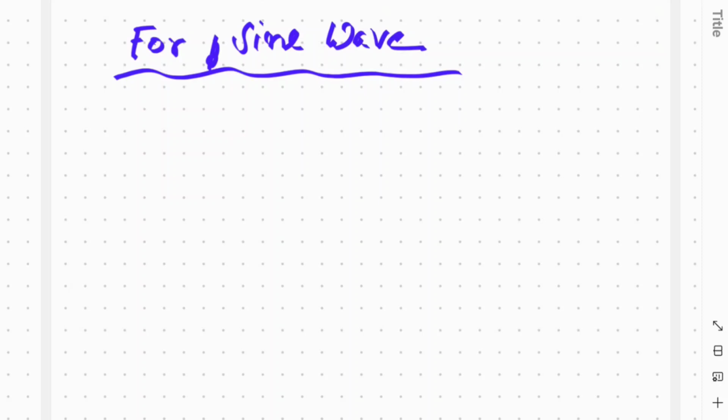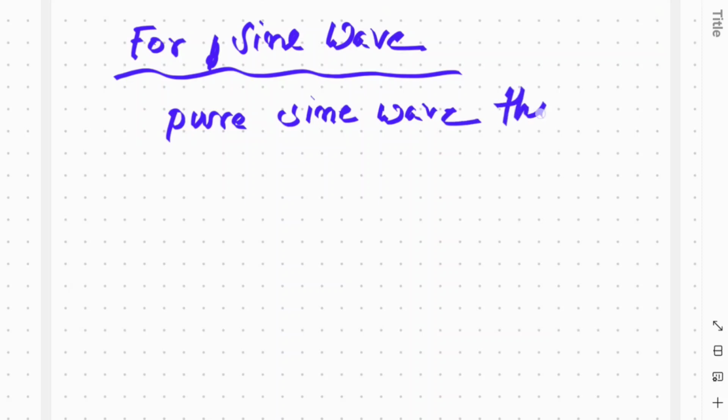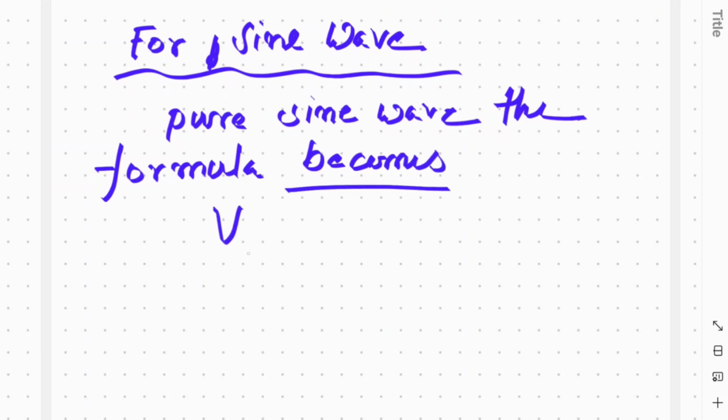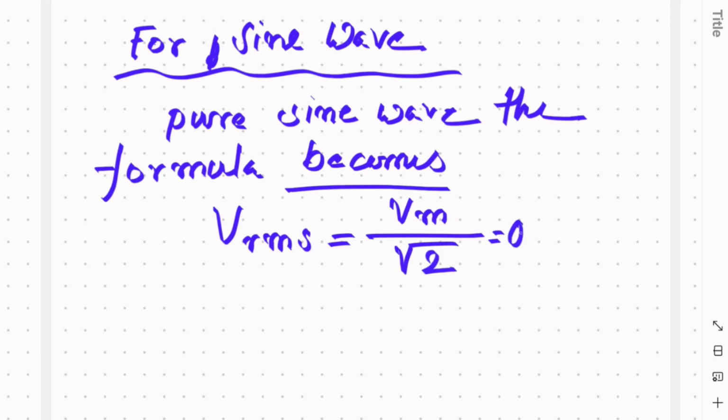Now, for a pure sine wave, the formula becomes V RMS equals Vm by root 2, that is 0.707 Vm.